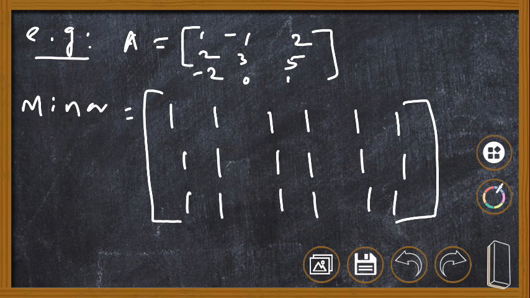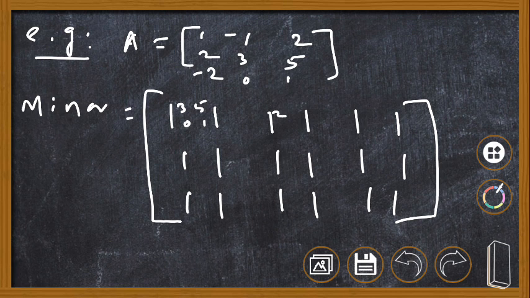Then for the first, you remove this row and this column, and write the remaining elements: 3, 5 and 0, 1. Then come to this one. For this, you remove this row and this column, and write down the remaining elements.